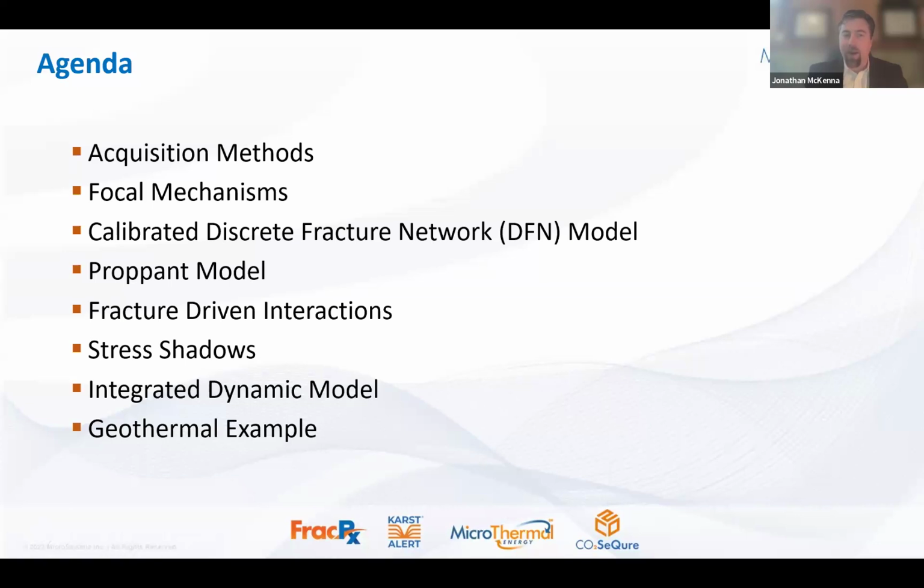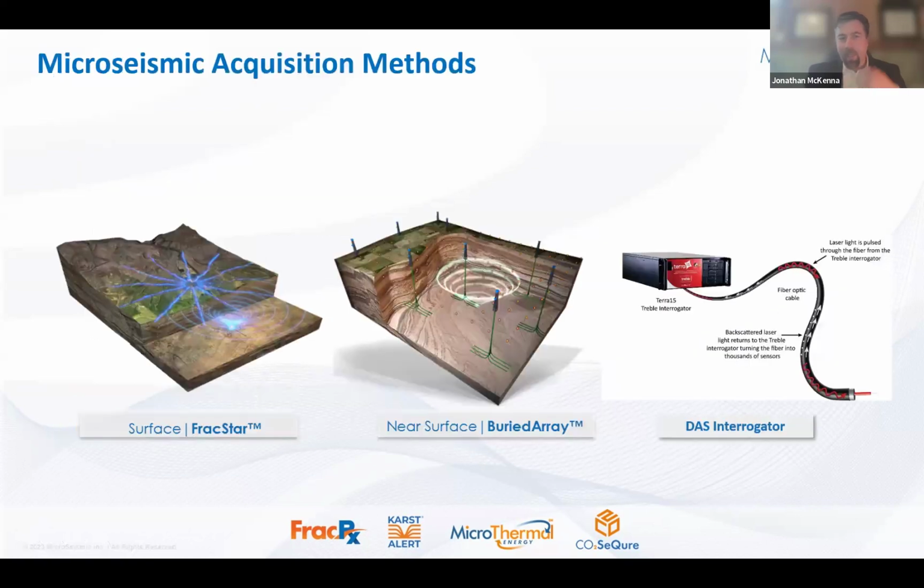And then we can use that model to inject proppant into the fracture model itself to see how it's distributed. Talk about some fracture driven interactions and stress shadow effects, so how you change the stress influences where your fluid and proppant is going, and then how all that information goes into an integrated dynamic model. And then we have a nice geothermal example.